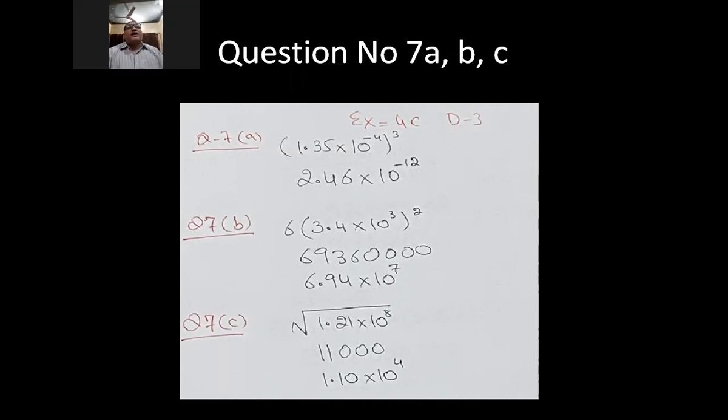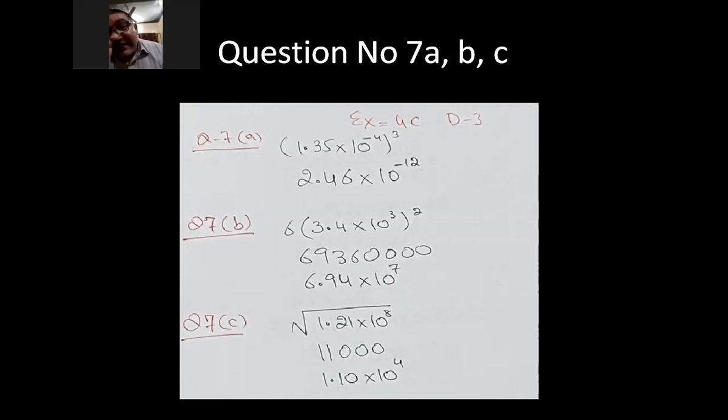In the B part, you will write in your calculator 6 bracket start 3.4 x power 3 bracket close square. So your answer will be 6936.0000. When you write it in standard form and in 3 significant figures, it will be 6.94 x power 3. So this is how this is done.